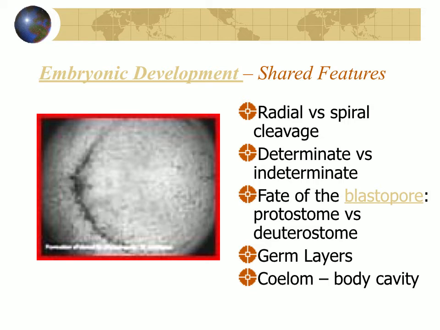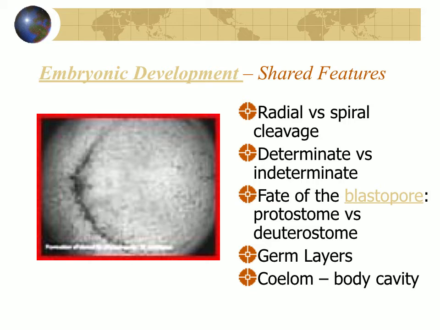Cleavage of the egg is going to produce a multicellular structure. And animals do it in two ways, radial or spiral cleavage, which I'll show you in a second. This divides the animals into two great groups. And this radial and spiral cleavage is also the same thing that divides them into determinate and indeterminate cleavage.